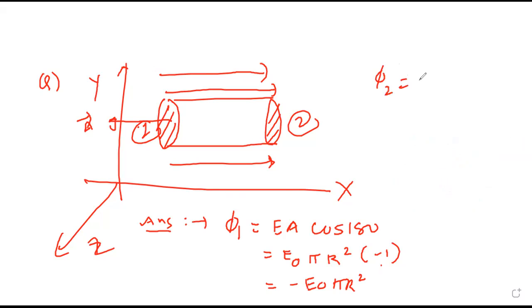Phi 2 will be E A cos 0. That means E naught pi r square into 1 equals E naught pi r square.